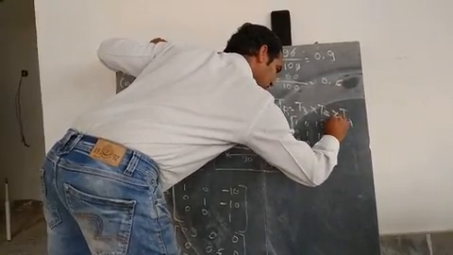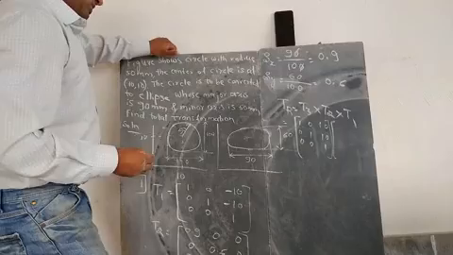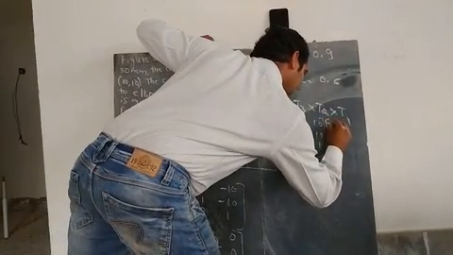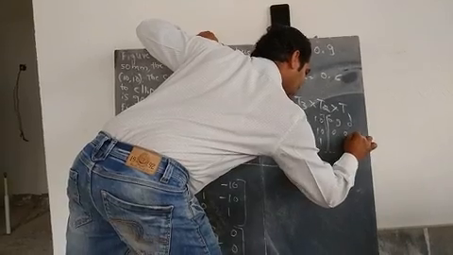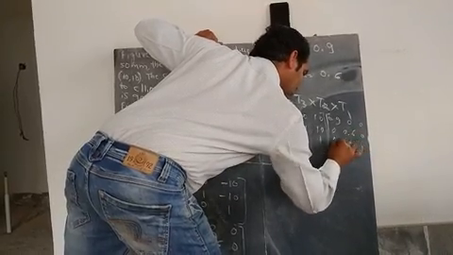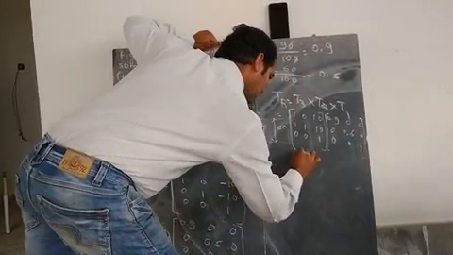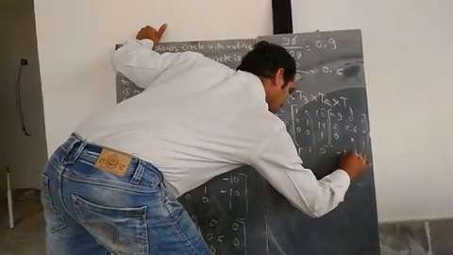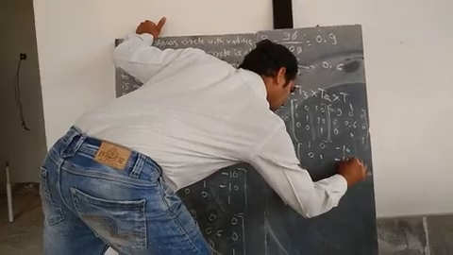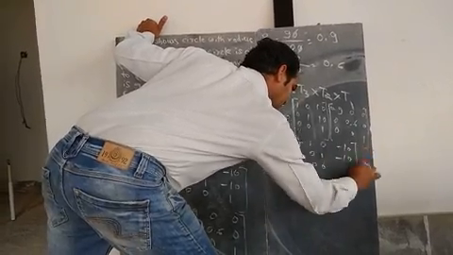The second matrix is 0.9 0 0, 0 0.6 0, 0 0 1. Then T1 is 1 0 -10, 0 1 -10, 0 0 1.